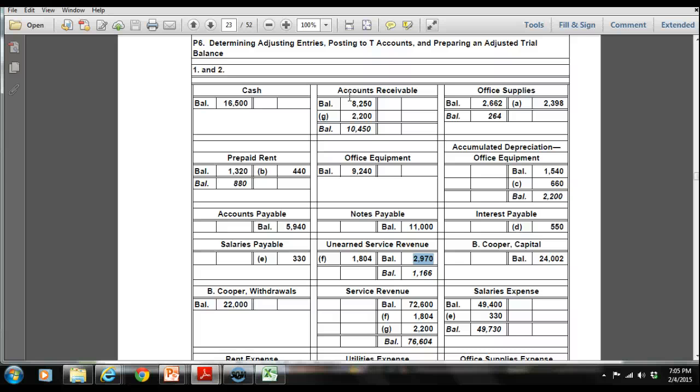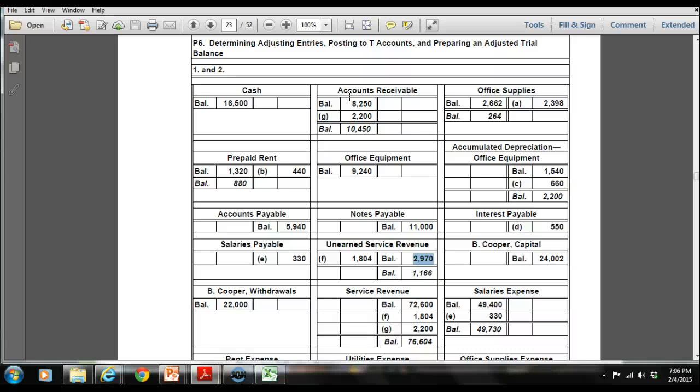If we start with our balance and then with that credit we need to subtract, we should come up with a new office supplies balance of $264, which is what we know we have in ending inventory in office supplies. Our prepaid rent, we started with a balance of $1,320, and we have to subtract from that our $440 journal entry to give us a new balance of $880.